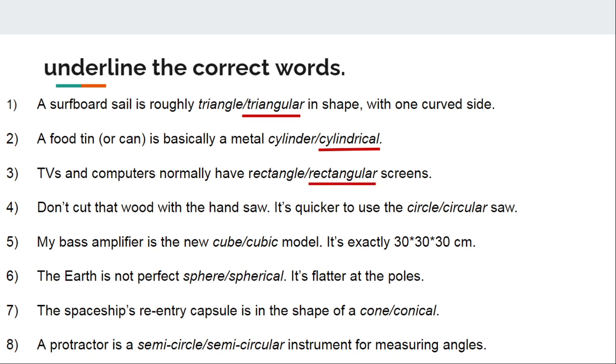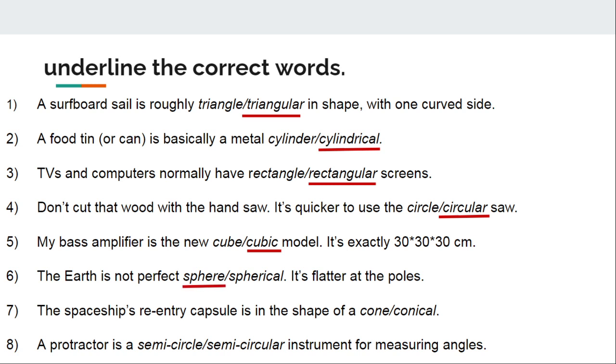Don't cut that wood with a hand saw. It's quicker to use the circular saw. My bass amplifier is the new cubic model. It's exactly 30 by 30 by 30 centimeters. The Earth is not a perfect sphere.